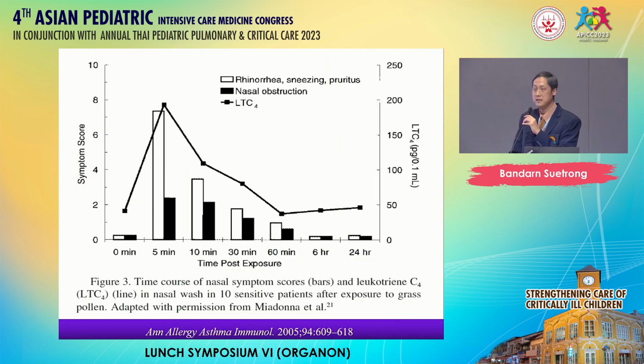If we perform the nasal challenge test in an asthmatic patient who has allergic rhinitis comorbidity, we will find that the leukotriene in the nasal wash goes sky high a few minutes after the nasal challenge test is performed.